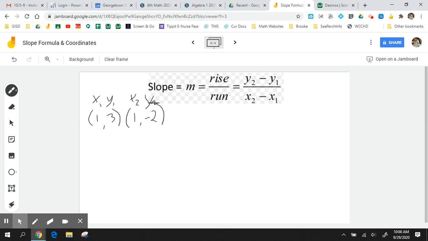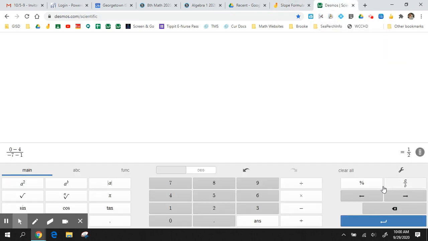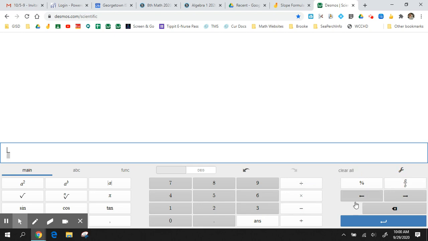Sorry, those look really scribbly. So if I go and plug them into my equation, I have -2 minus 3 and 1 minus 1. Okay. I can do that by hand. I can do it in the Desmos. Let me put it in Desmos, and I'll show you by hand also. And then it was 1 minus 1 on the bottom.